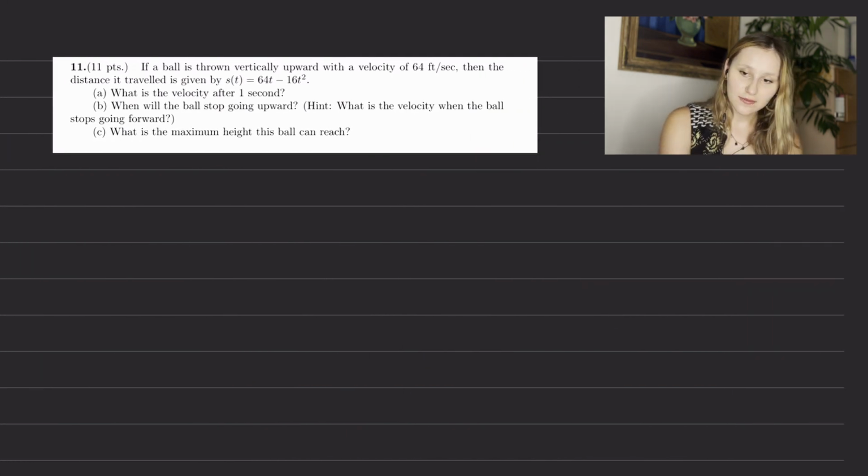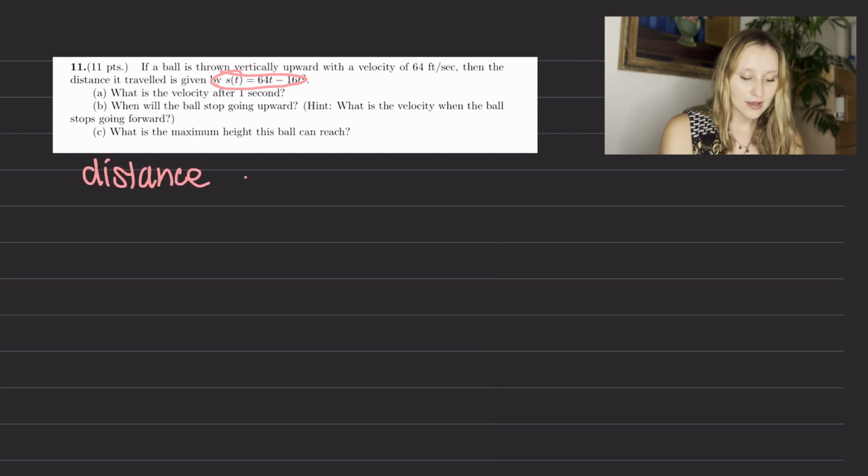If a ball is thrown vertically upward with a velocity of 64 feet per second, then the distance traveled is given by this. Okay, so you have a distance function. Take the derivative, you get the velocity.